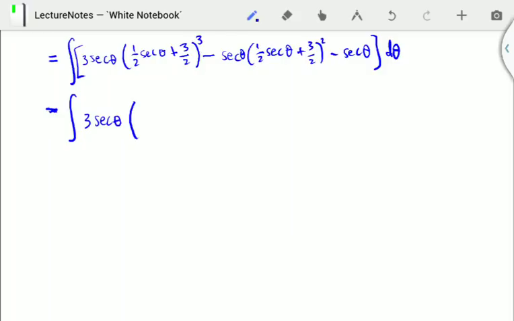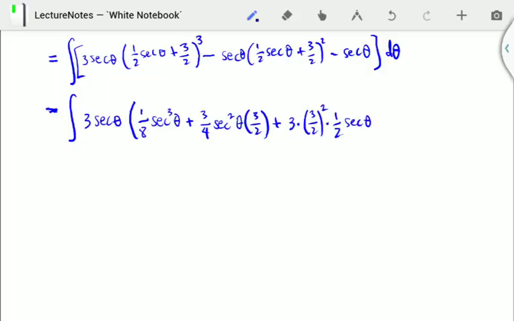What is that cube term? We cube the first quantity, 1/8 sec cube theta, plus 3 times the square of the first quantity times the last quantity, that is 3/4 sec squared theta, plus 3 times the square of the last quantity times the first quantity, 1/2 secant theta, and then plus the cube of the last quantity.